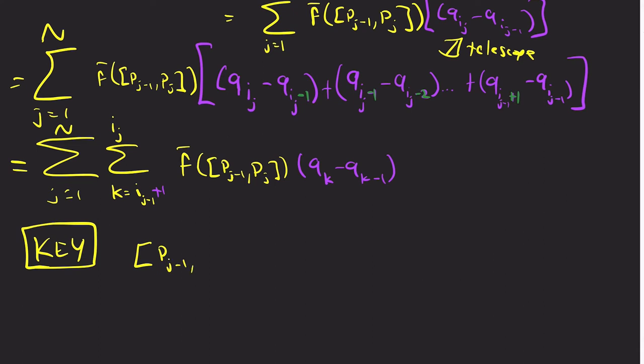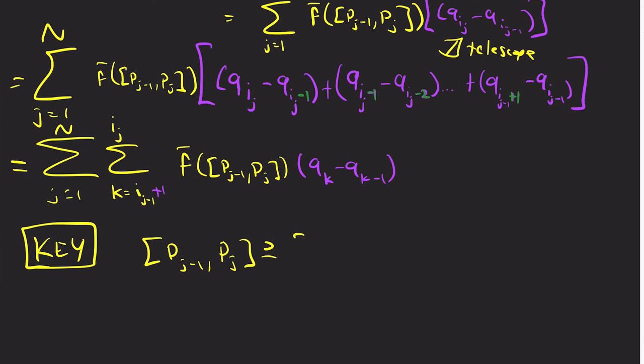p sub j minus 1 to p sub j. This is a coarser grid, right?